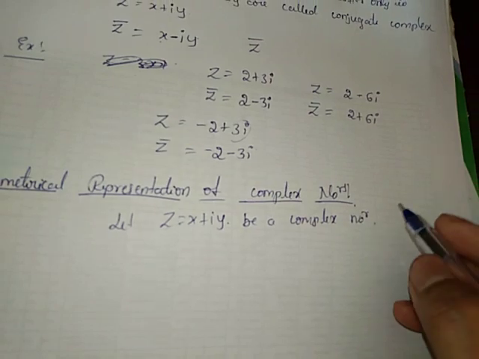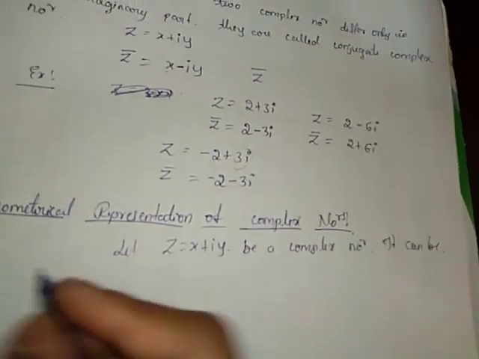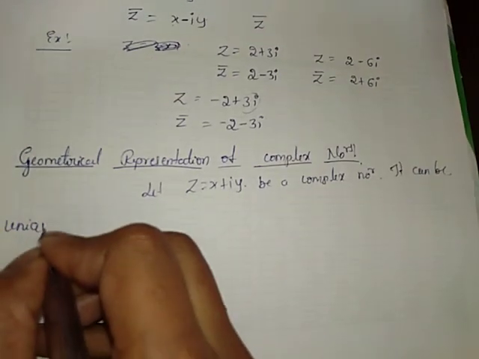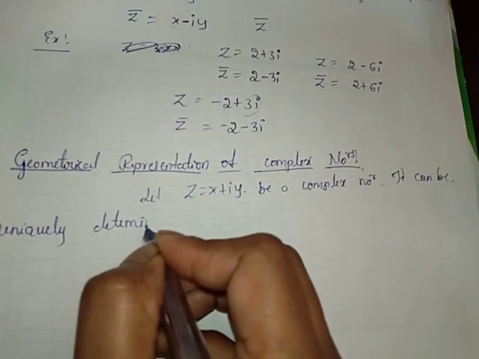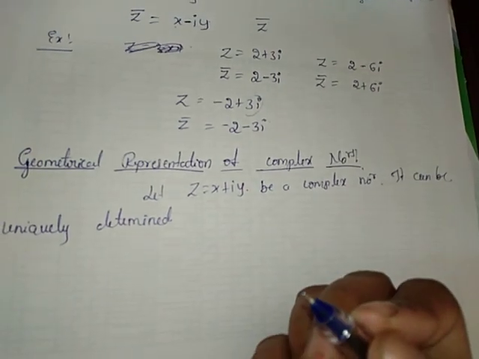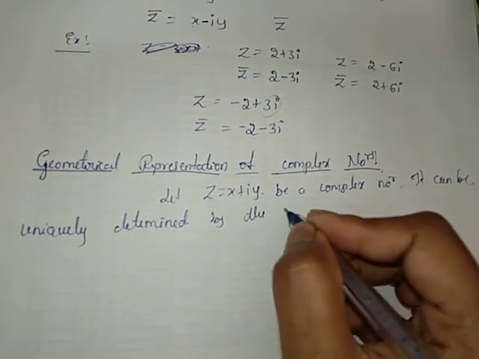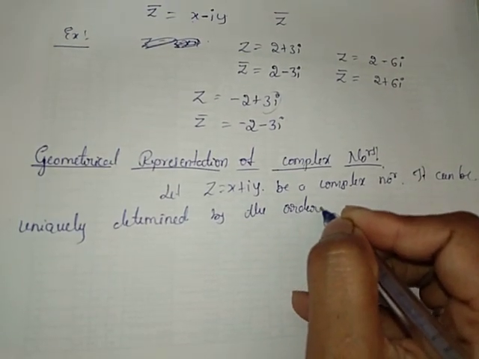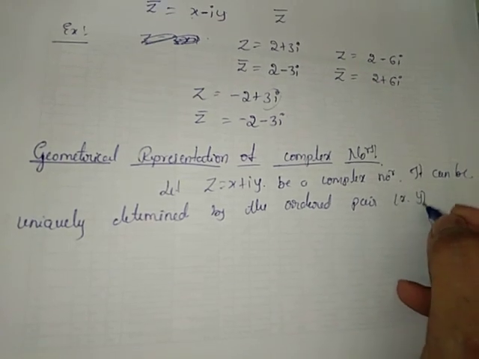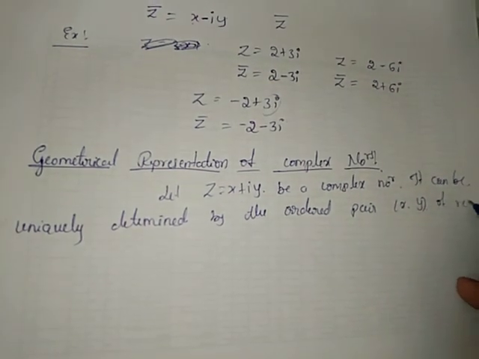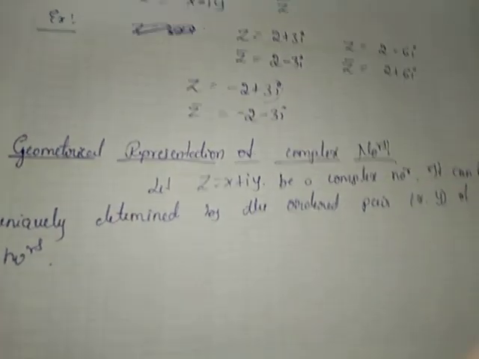It can be uniquely determined by the ordered pair x comma y of real numbers.